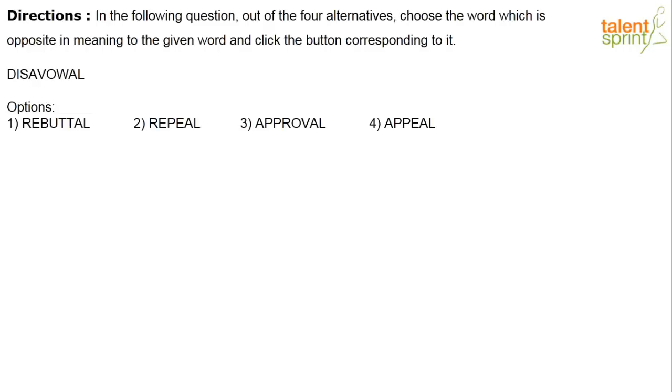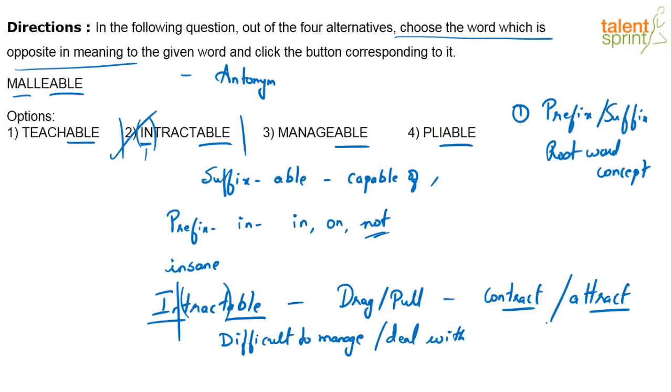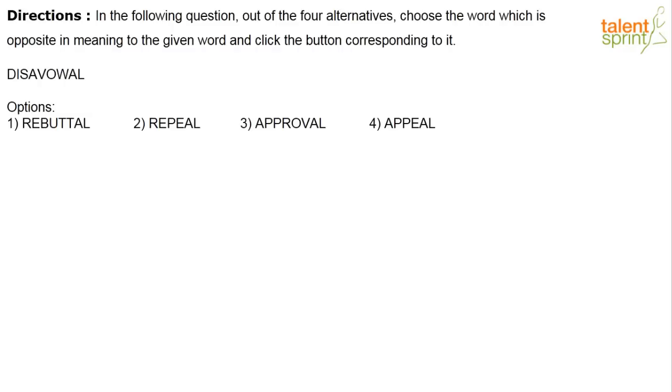Now the next one for you, we're done with this. Disavowal. Maybe it's a new word, I've never come across this word. And the options are rebuttal, repeal, approval and appeal. Great. Now let's dissect the word here.